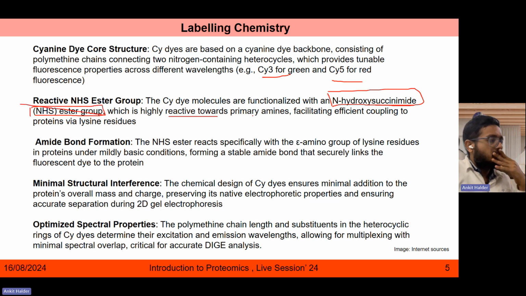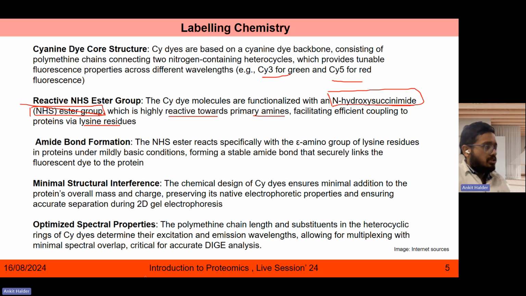That is highly reactive towards primary amines, facilitating efficient coupling to proteins via lysine residues, right? This is one very important thing to understand: the major point is that the dye is functionalized with the NHS ester group.